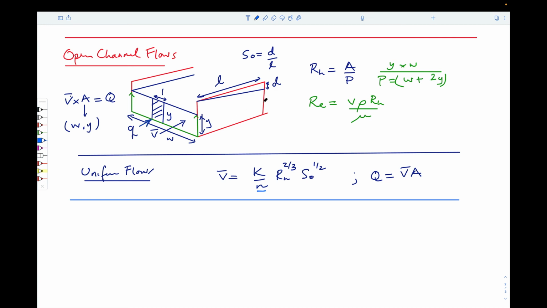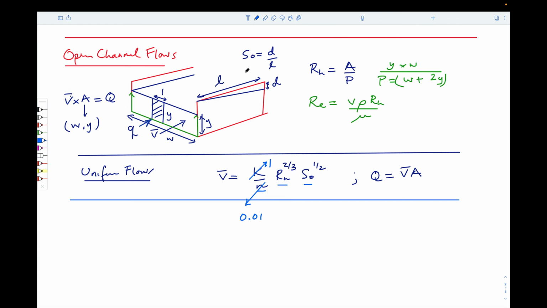We know that we can use Manning's equation to get an average velocity, which is a function for SI units. This term is equal to 1. Manning's coefficient is a dimensionless number, maybe of the order of 100, something of that, and two other parameters, the hydraulic radius and the slope, dimensionless slope of the channel bed.